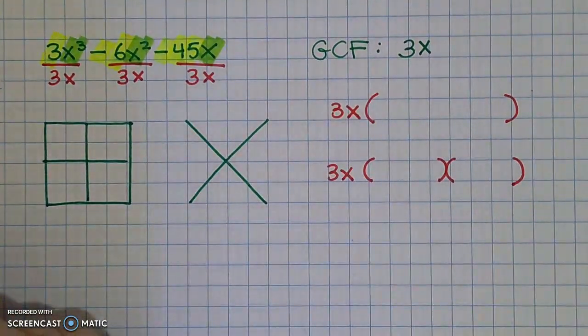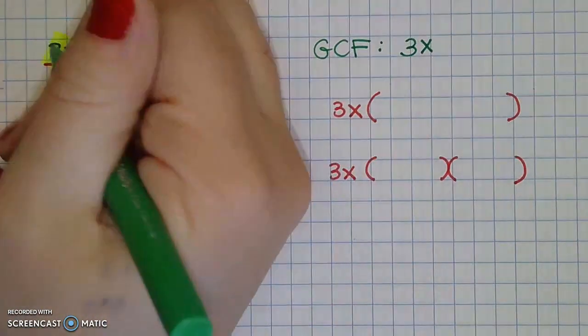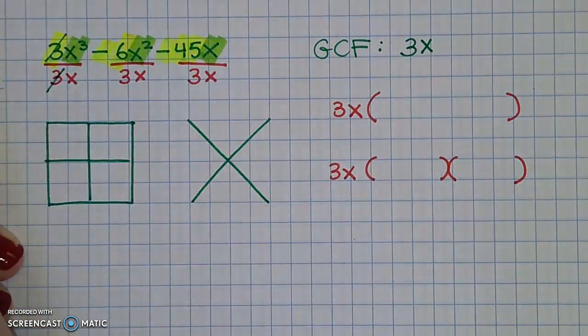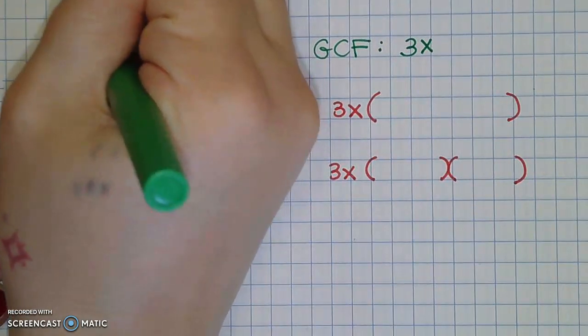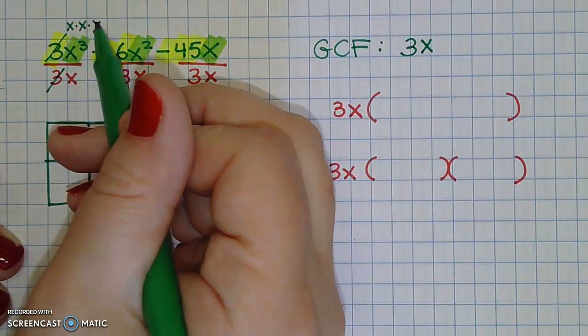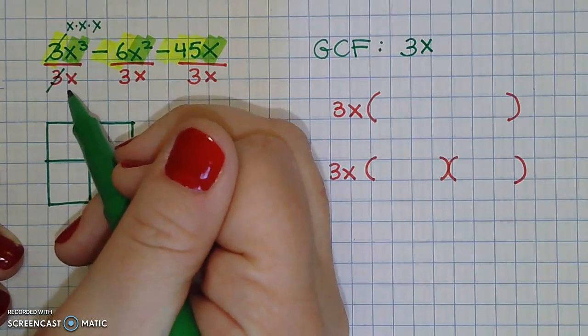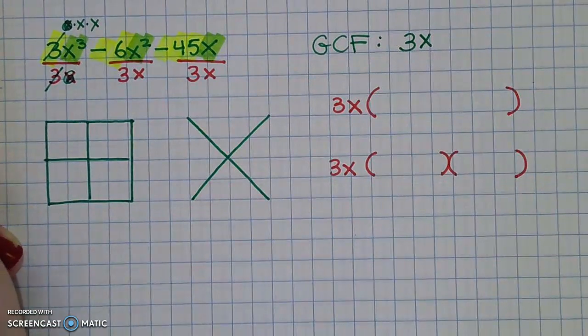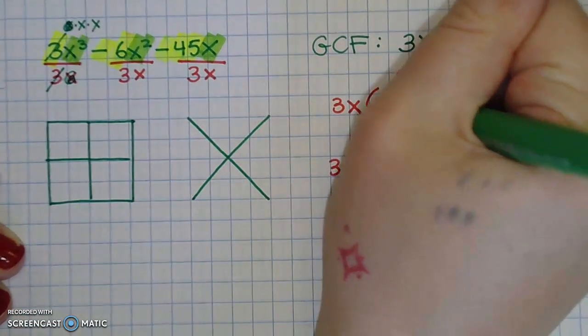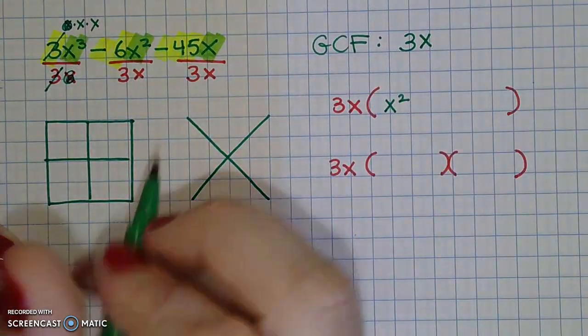Okay, so let's do a little dividing. I know 3 divided by 3 cancels out, or just turns into a 1. If I have x cubed, which is x times x times x, and I want to divide an x away, basically I'm getting rid of one of these x's. So I will be left with x squared.